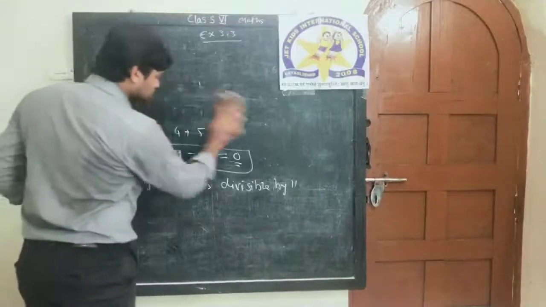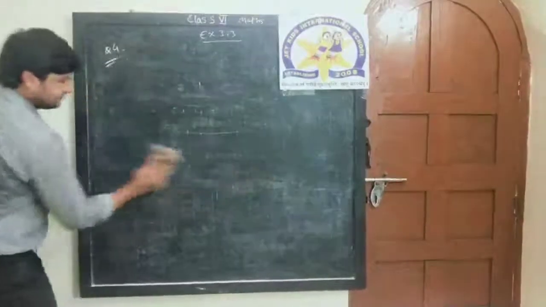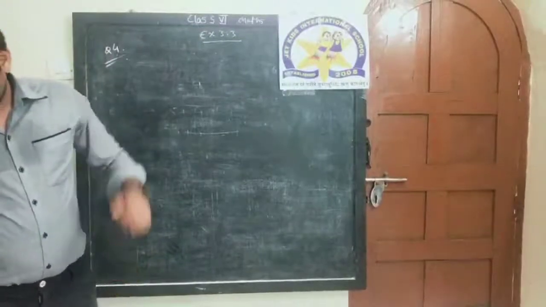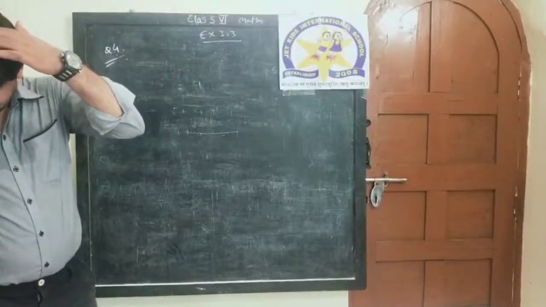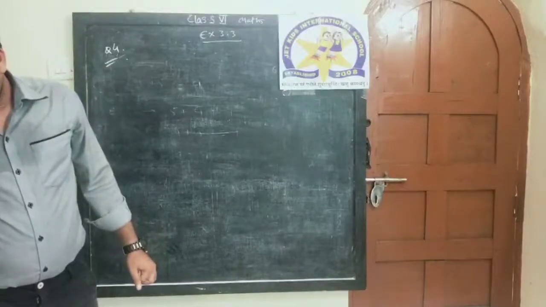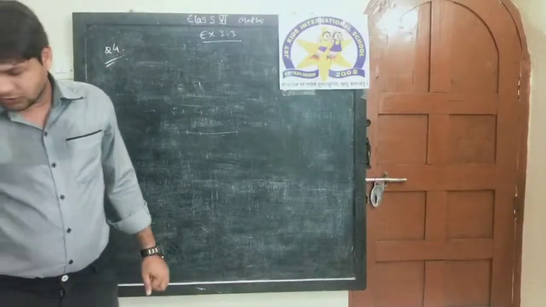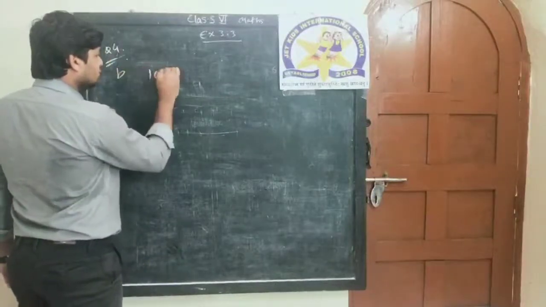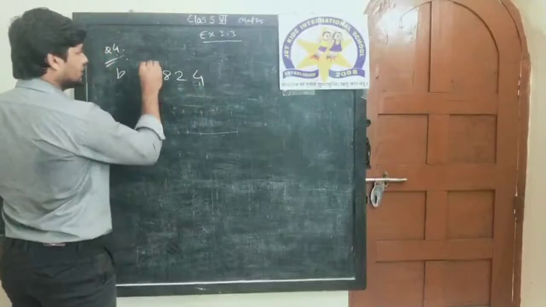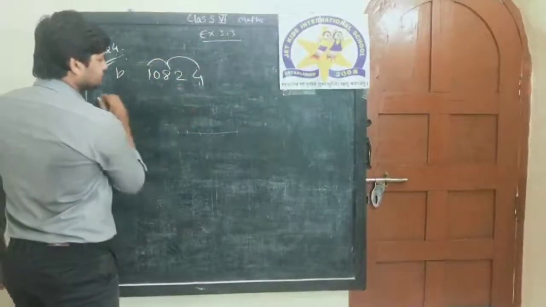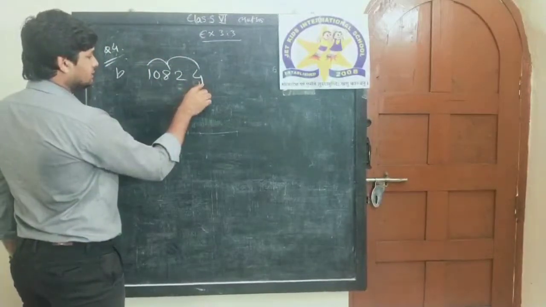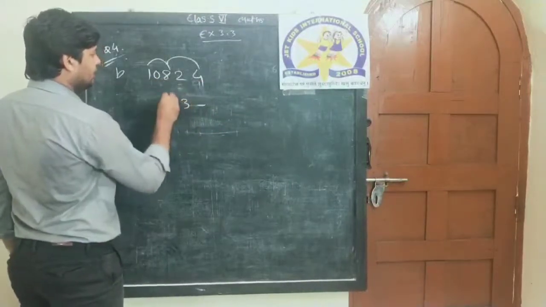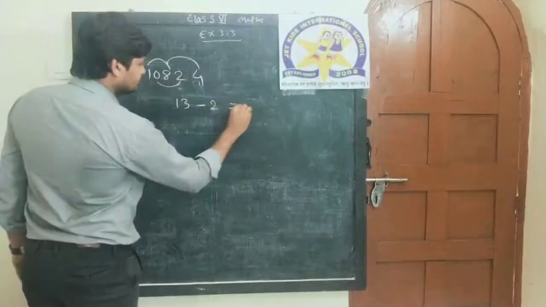Next question, that is question B. Question B is 10824. So here I am taking alternate digits. 1 plus 4, 5 plus 8, 13, minus 0 plus 2, 11.